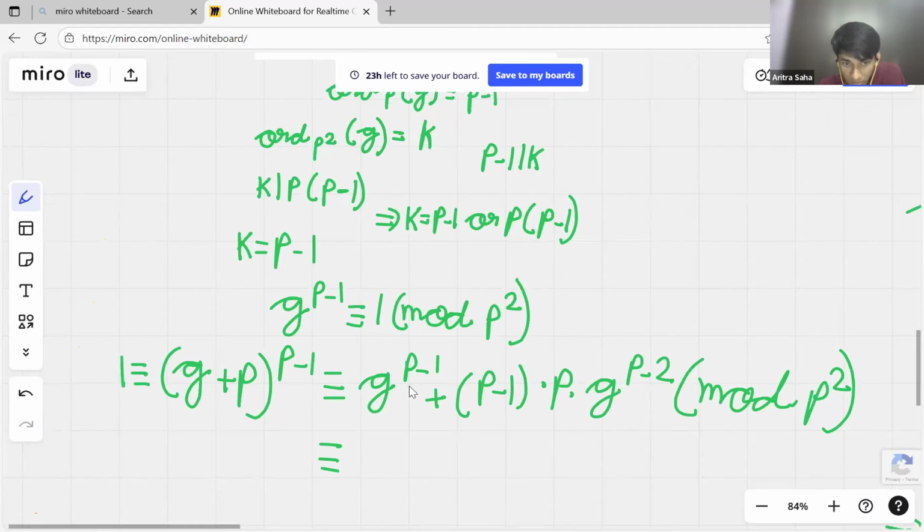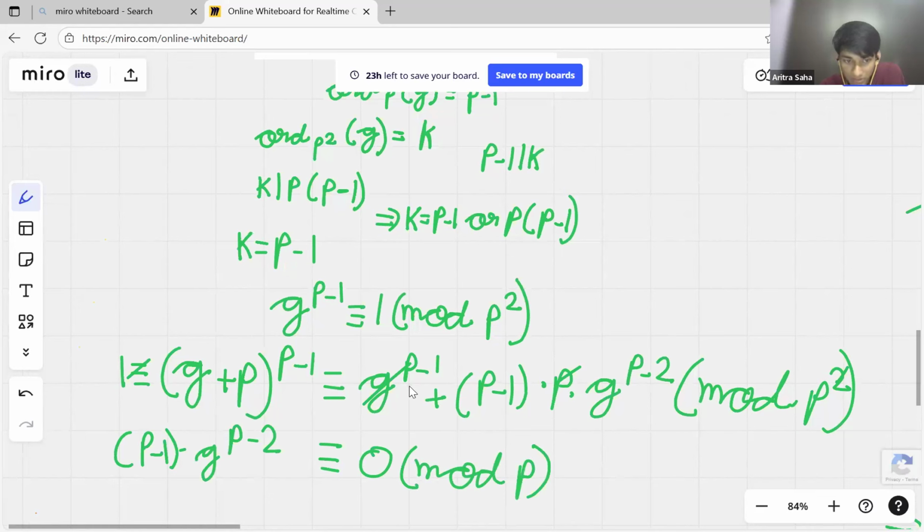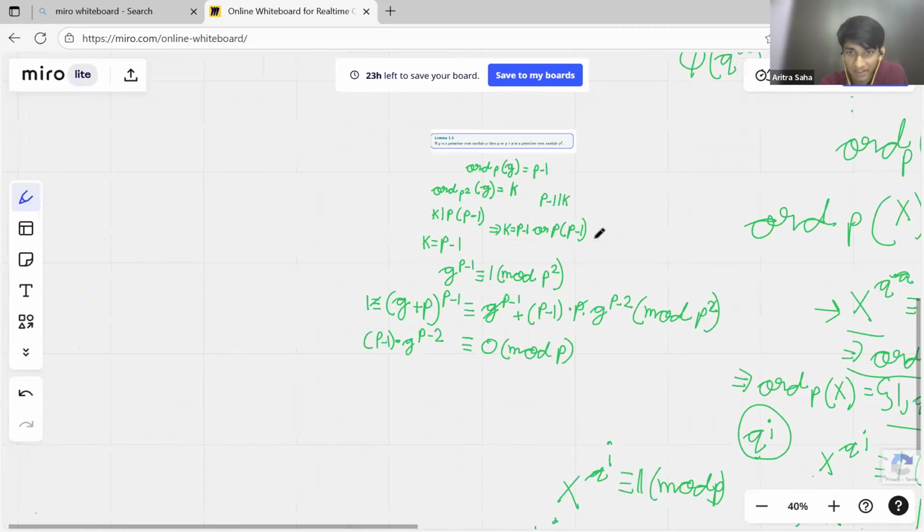So this just cuts, and p square here cuts. So p minus 1 into g to the power p minus 2 will be 0 mod p, which is not true because g is coprime with p, and p minus 1 is also coprime with p. So we are basically done.